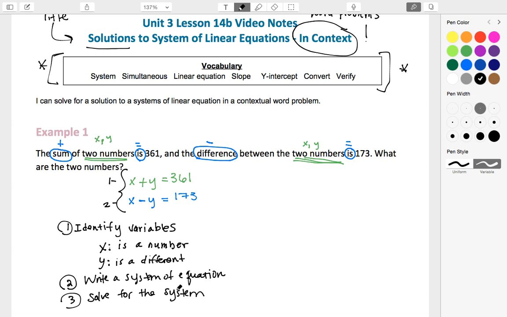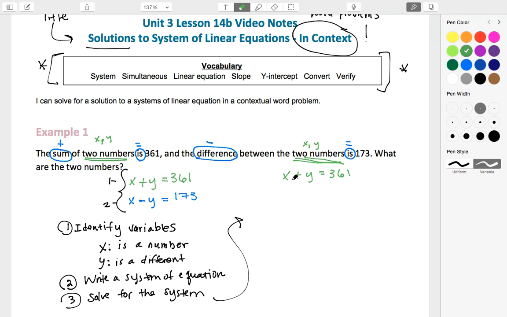Okay, so what I'm going to do first, and this is going to be my work over here, is take the first equation that's in green. So I have x plus y equals 361. I want to isolate one variable. Okay, so here, this is not a nice problem. They didn't have x by itself or y by itself on one side of the equal sign. So I'm going to have to choose.